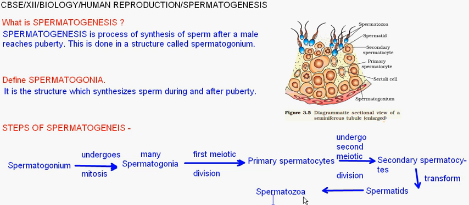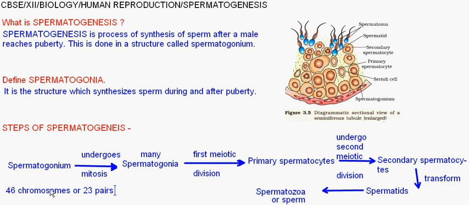We know that each cell in our body consists of 46 chromosomes, or 23 pairs. When spermatogonium undergoes mitosis, each spermatogonium consists of 46 chromosomes. In the next step, when meiosis starts, obviously the chromosome number becomes half.